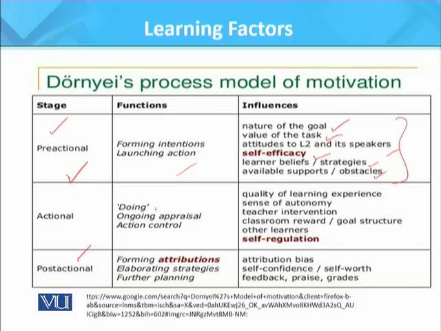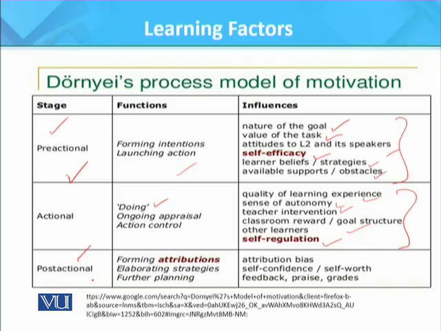At the actional stage, the process of doing is observed, and the influencing factors are quality of learning experience, sense of autonomy, teacher intervention, classroom reward, goal structure, other learners, and self. So basically it is the learners' own self-regulation with regard to experience, autonomy, and teachers' intervention.